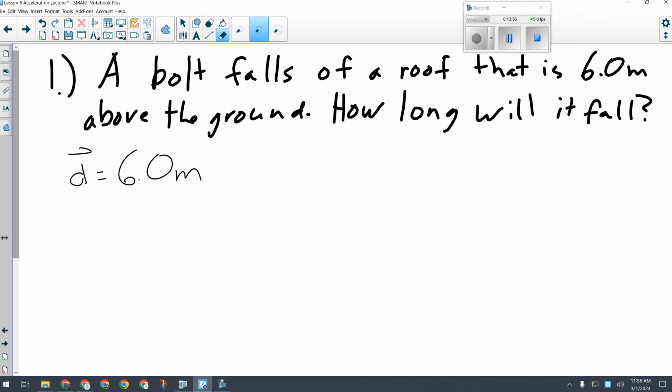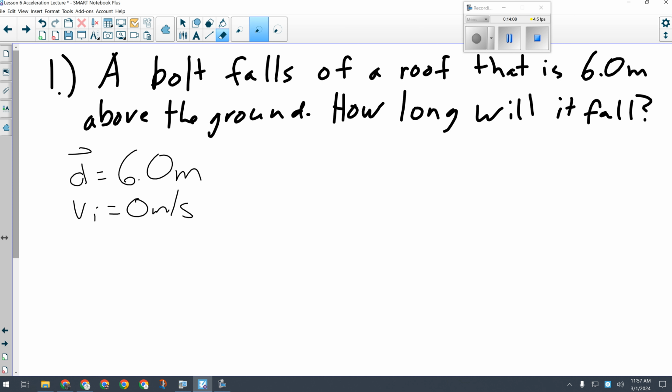As soon as the acceleration starts, it's going to pick up speed, but at time 0, the velocity was also 0. So if something falls off or is dropped, those are contextual clues that its initial velocity is 0. Okay? If the initial velocity isn't 0, then there'll be some mention of it being thrown or projected or shot. Okay? That will tell you it was actually moving at time 0. So if something just falls, its initial velocity is 0 meters per second.